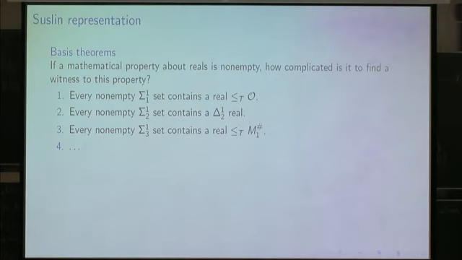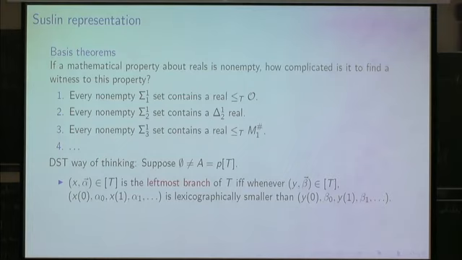And assuming large cardinals in the background, every non-empty Sigma^1_3 set contains a real which is recursive in the mouse M_1^#. This M_1^# is the minimum mouse with a sharp above a Woodin cardinal, so the proof uses Woodin's genericity iteration. These are the optimal basis theorems one might get.